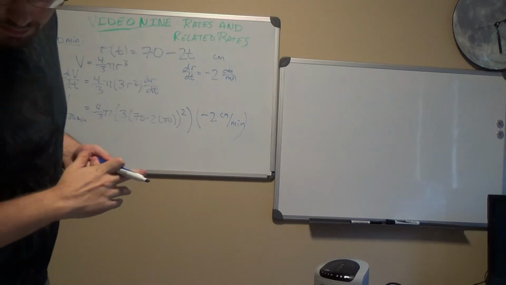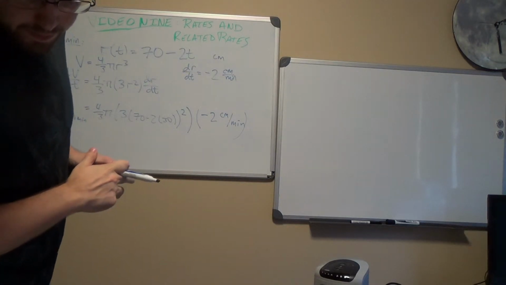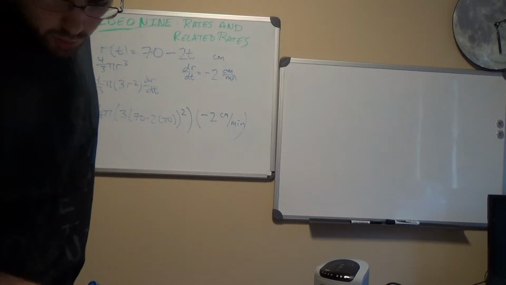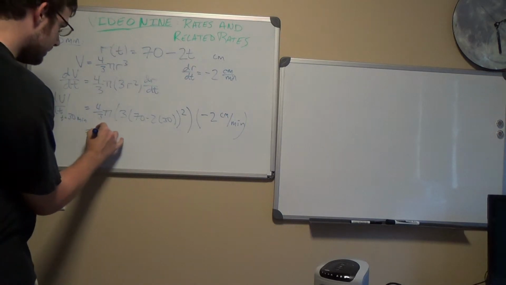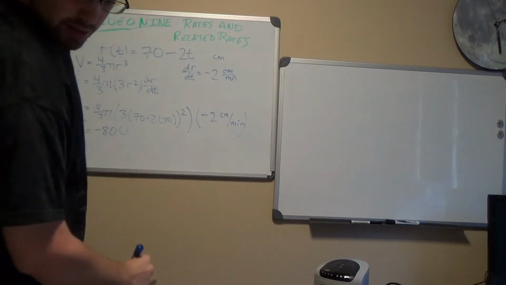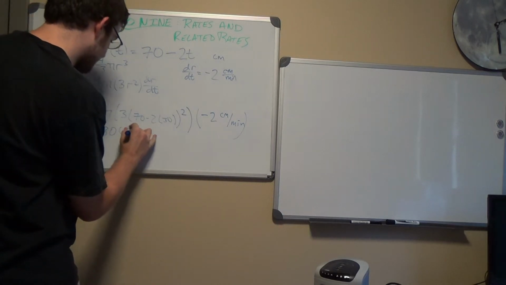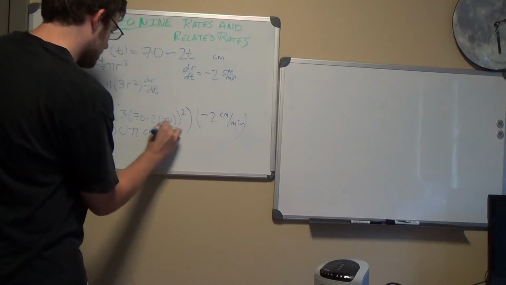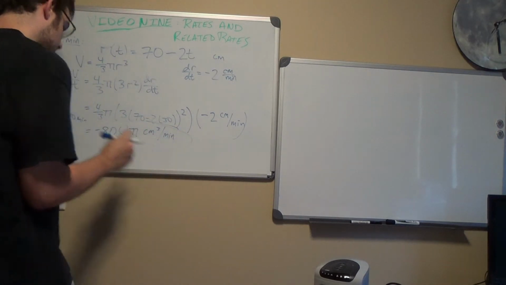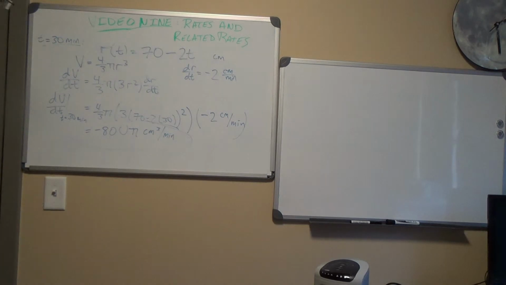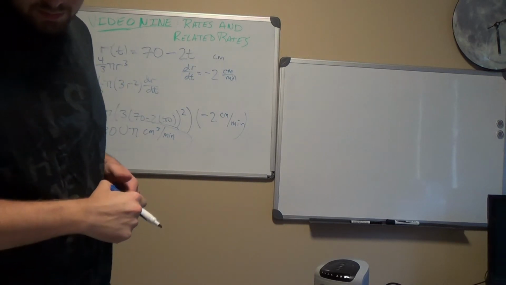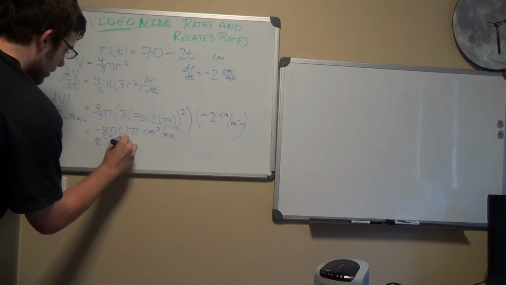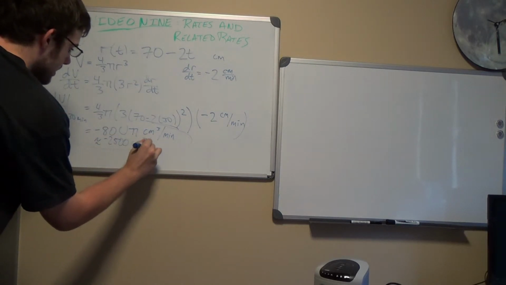So after evaluating this, we end up with -800 pi cubic centimeters per minute, or approximately -2,500 cubic centimeters per minute.